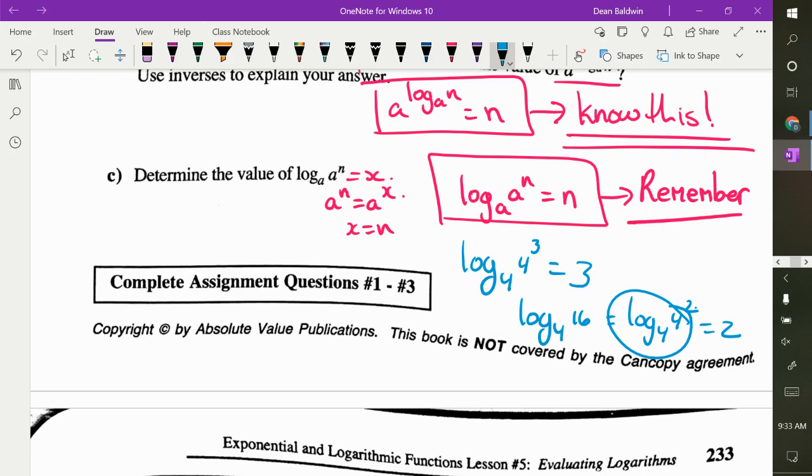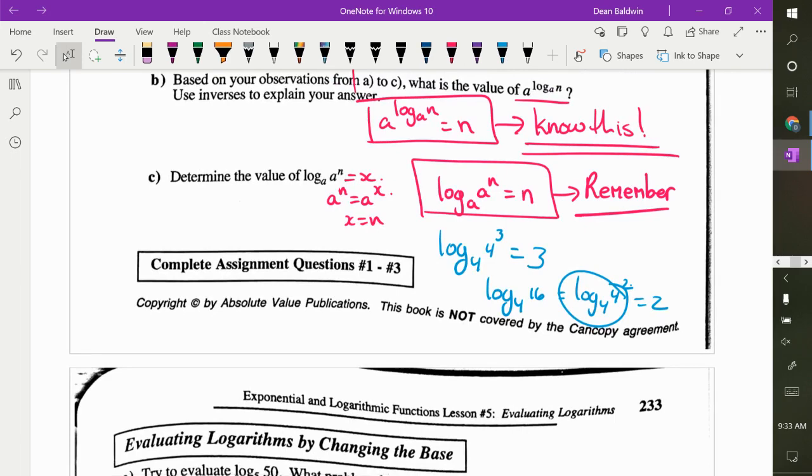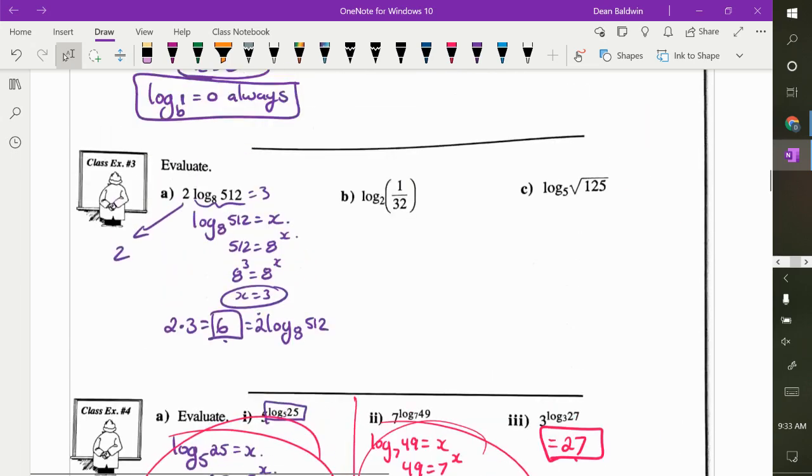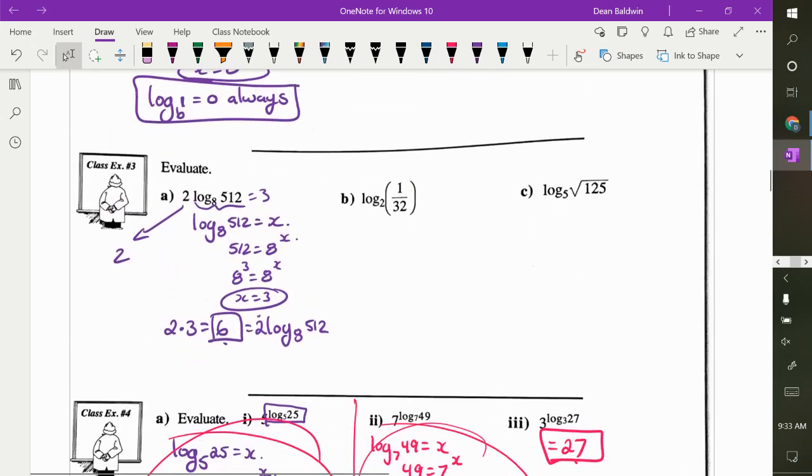Okay? So if we scroll back up here and we look at this one right here, one we did at the beginning. 2 times log base 8 of 512. Ignore the 2 in the front. 512, can that be made into base 8?